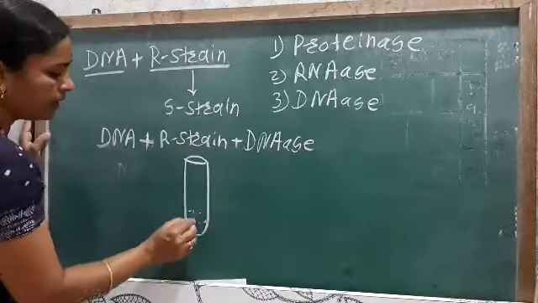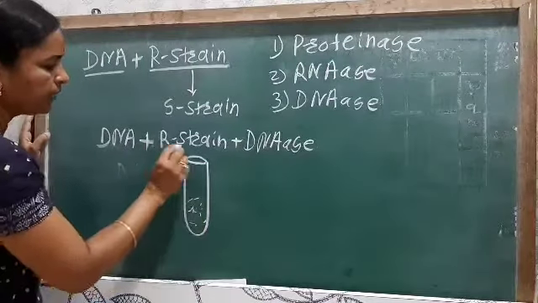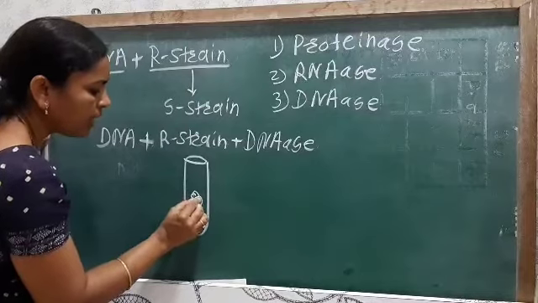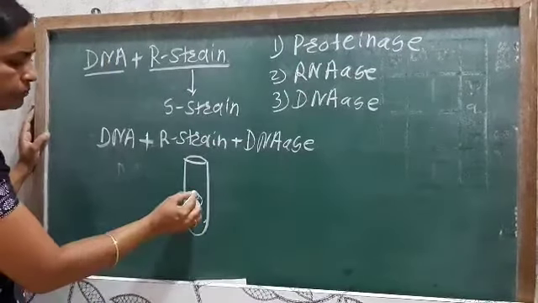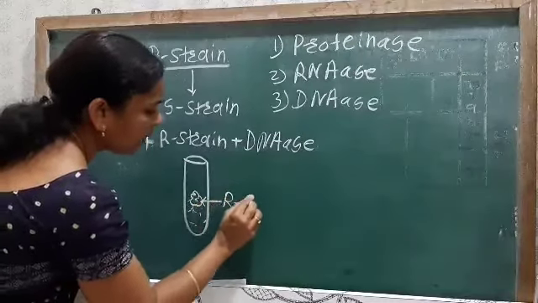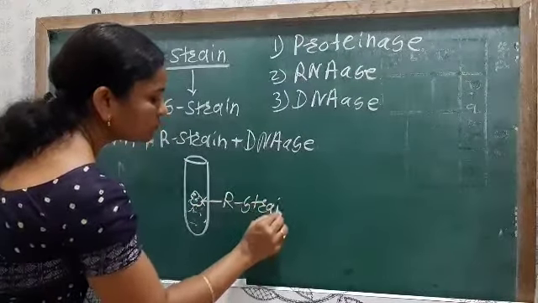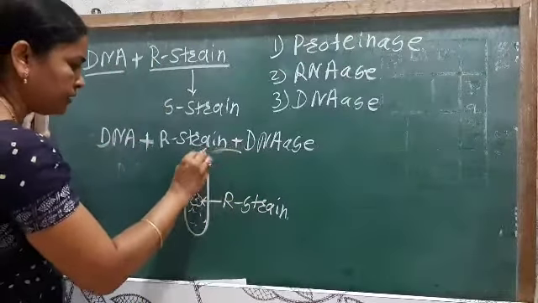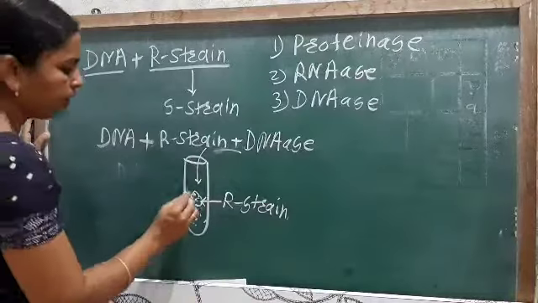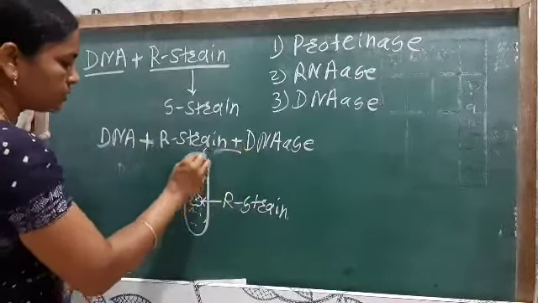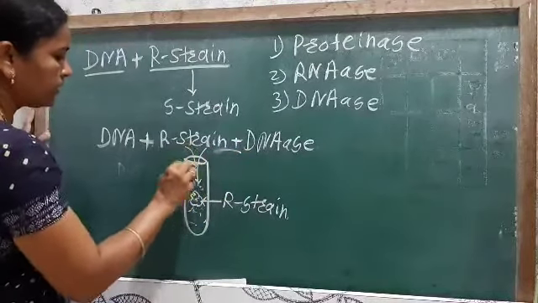Here the DNA is there, then the R strain, the rough strain bacteria, and they use the DNase enzyme in this. So all this mixture is used in this test tube.